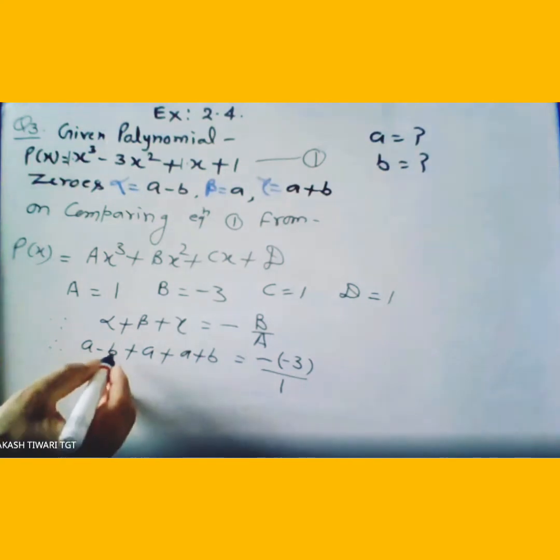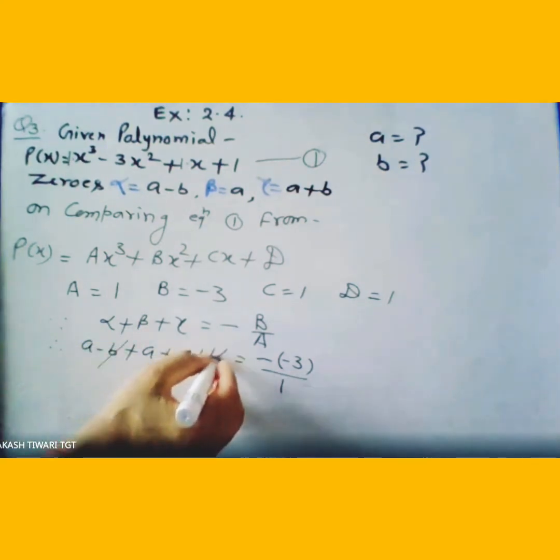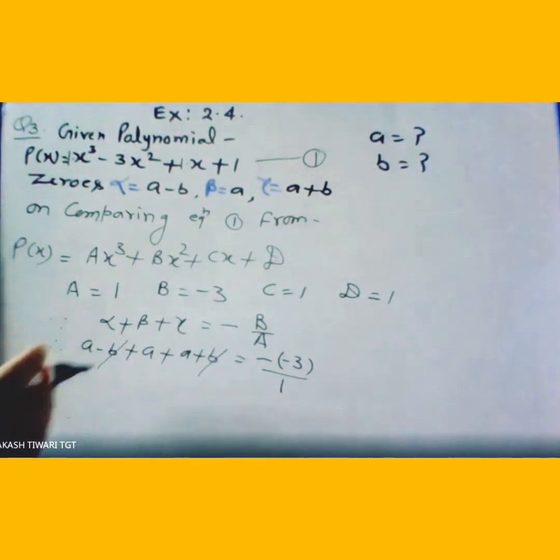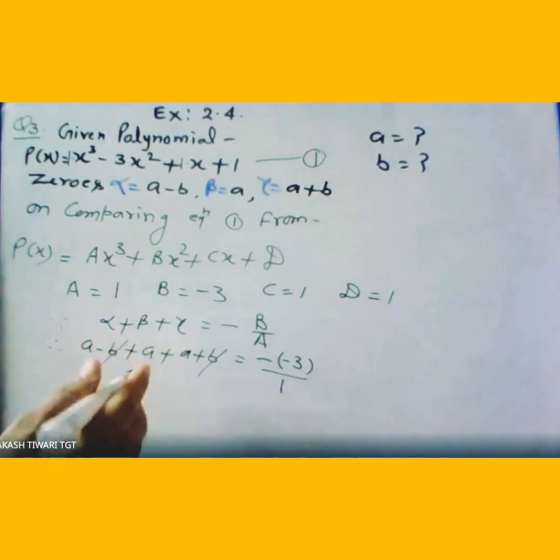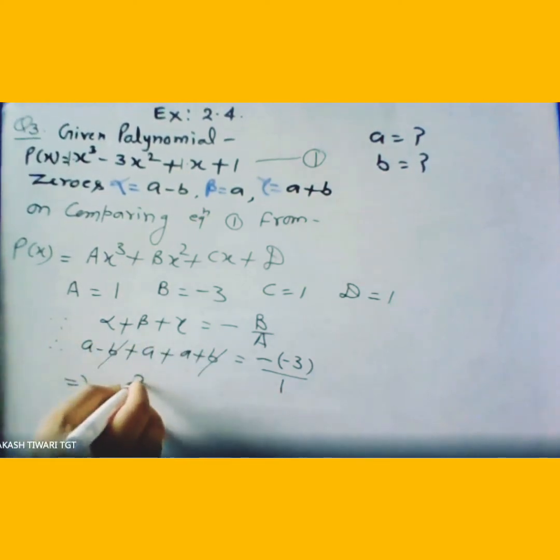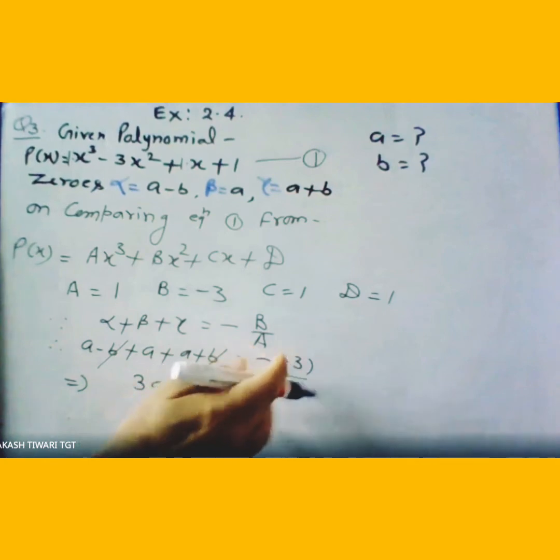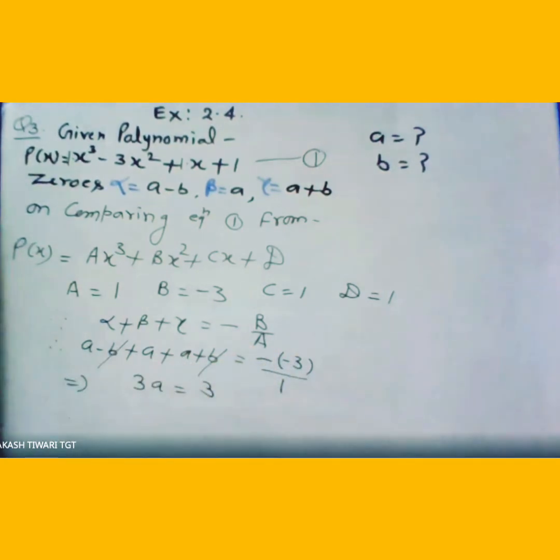So dear, you can observe that minus B and plus B is cancelled out. A plus A plus A, dear, you will get 3A, and minus again you will get plus 3. So now A equal to 3 upon 3, that is 1. So this is the value of A.